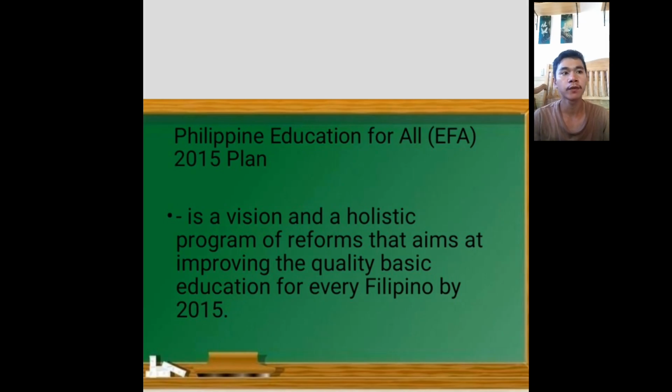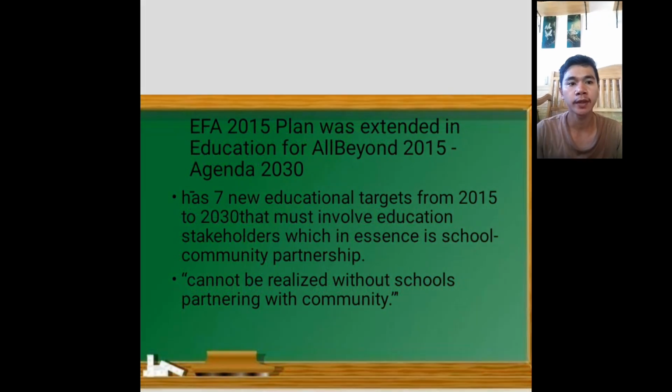The Philippine Education for All 2015 Plan, or EFA, is a vision and a holistic program of reforms that aims at improving the quality of basic education for every Filipino by 2015. The EFA 2015 plan was extended as Education for All beyond 2015, Agenda 2030.